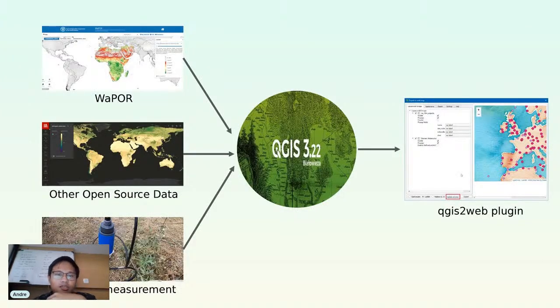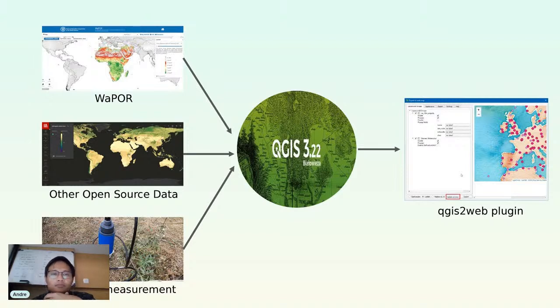And this is for the framework of our WebGIS. We use the WaPOR, other open source data like the SoilGrids, and the concept is to also collect field observed measurements using several tools.